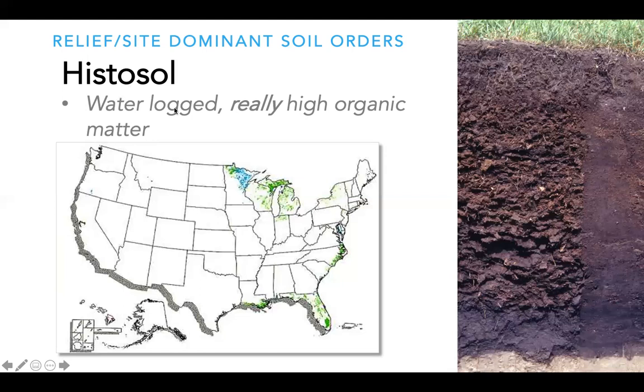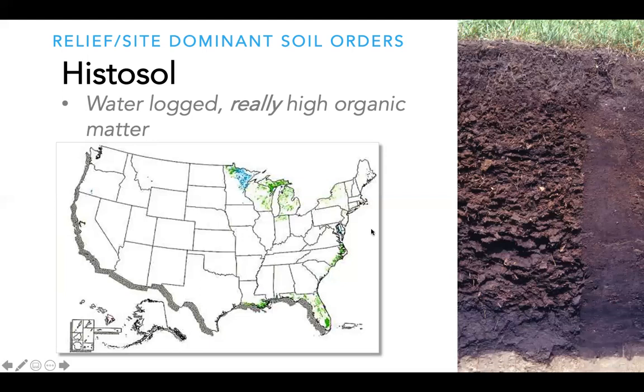So histosols are waterlogged soils. They have really high organic matter content. They're almost entirely organic material, so much more than that 5%. They're more in the 30% range. When you look here, you can see that there's histosols down here in the south. We call histosols sometimes muck soils or bogs or peats.